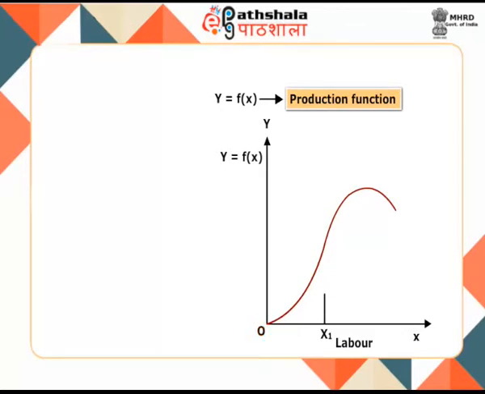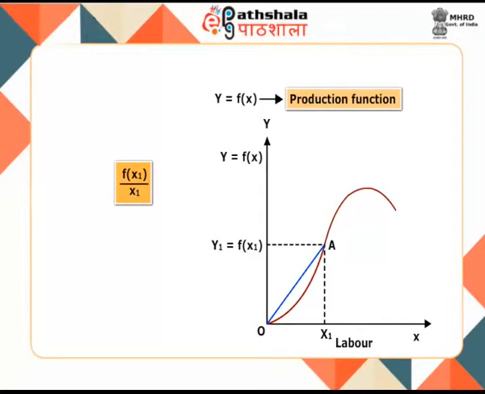Further, when x1 units of labor are employed, the level of output is y1 equal to f of x1. Thus, the average rate of change of output when x1 units of labor are employed is given by y1 minus 0 by x1 minus 0, or y1 by x1, or f of x1 by x1.